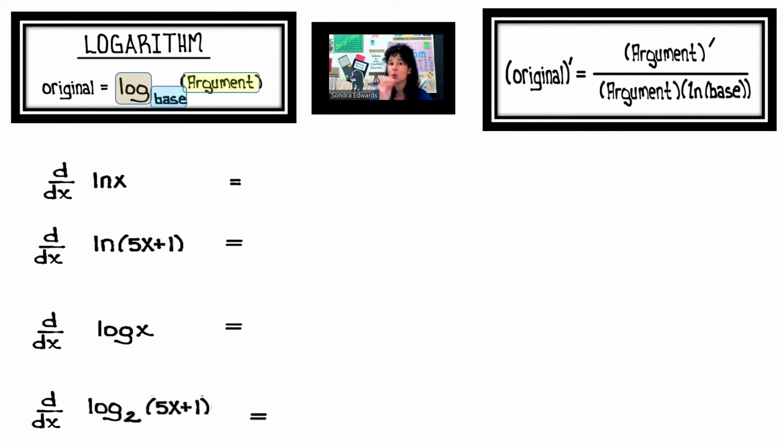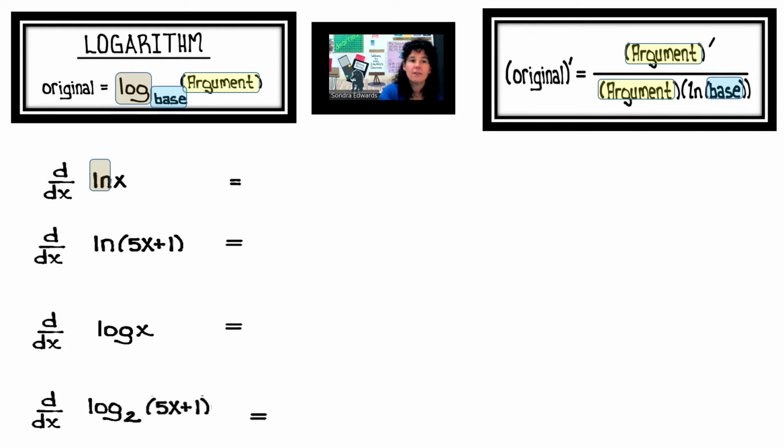So if you take the derivative of log base b of the argument, all you need to do is put the argument in the denominator, the derivative of the argument in the numerator, and then you also need to multiply the argument that's sitting in the denominator by the natural log of the base, ln of the base.